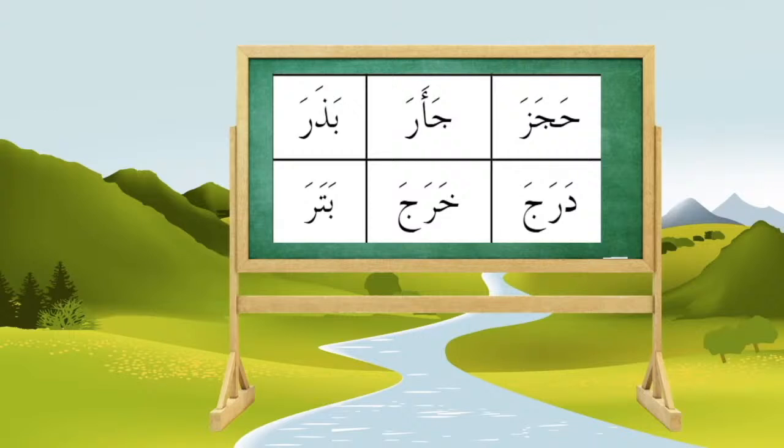So let's start, inshallah, with the first word here. I'm going to pause for a second, and I want you to look at the word and try to read the word that has the green arrow under it. Take a couple of seconds and try to read it to yourself.